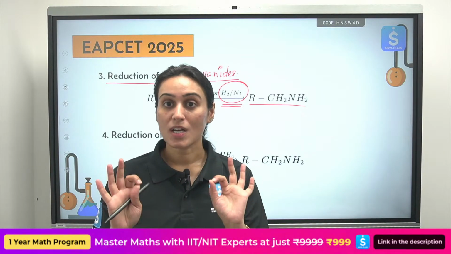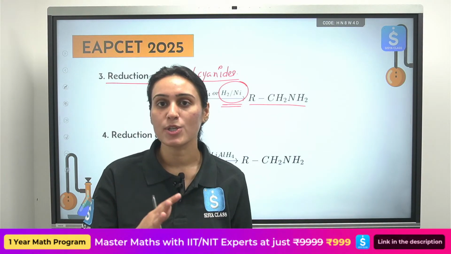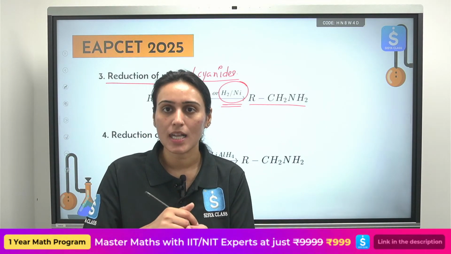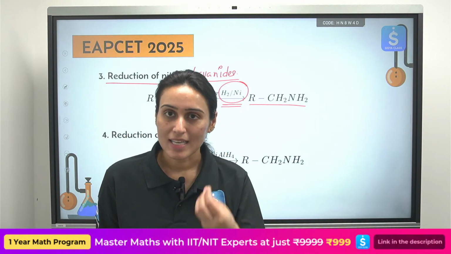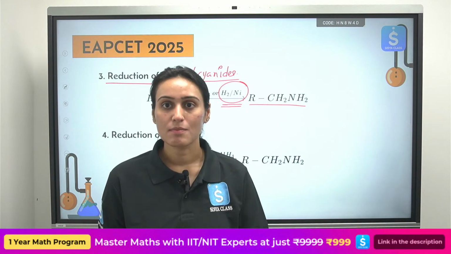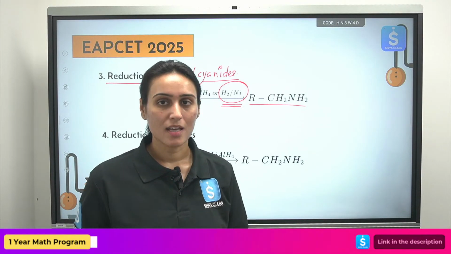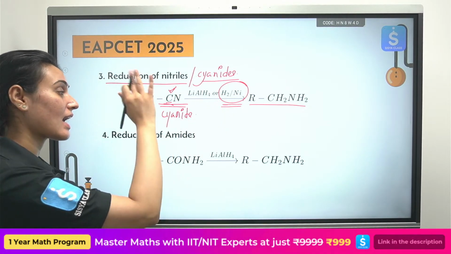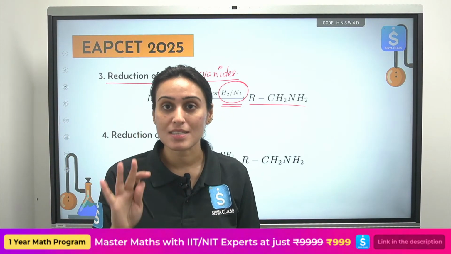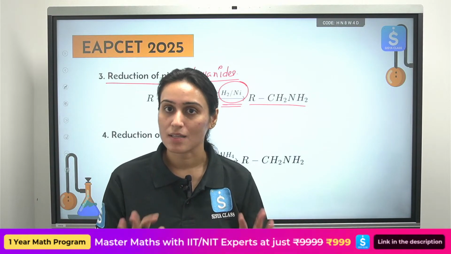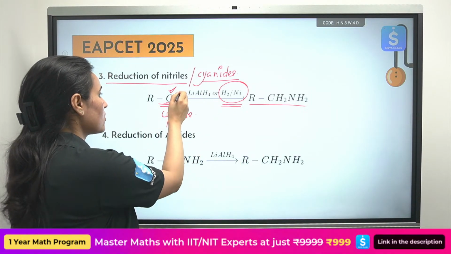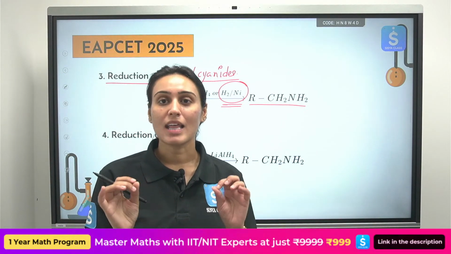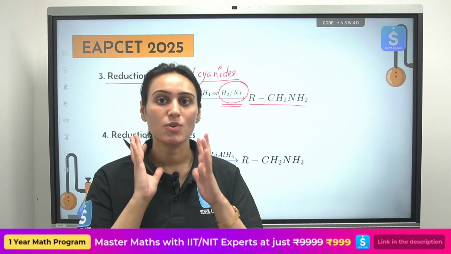You don't have to write it separately when you are revising, but you have to observe that because it can be asked in a question. The number of carbon atoms in the reactant and product must come out the same. Please don't reduce the number of carbon atoms. Please don't write NH2 in place of the cyanide itself. That would be wrong. Don't make that mistake.